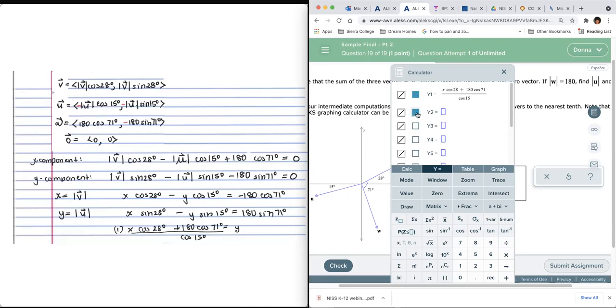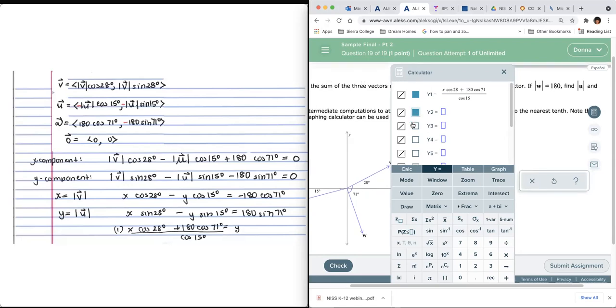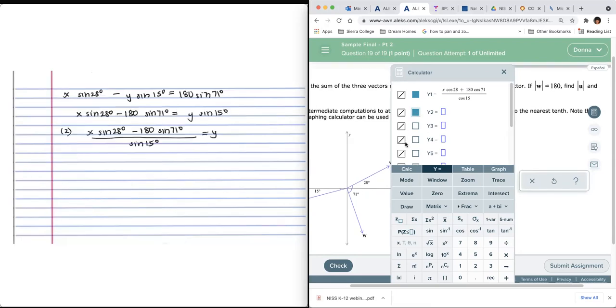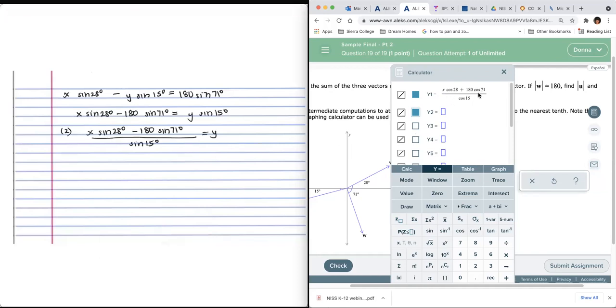Now let's go to the second equation. It's going to look very much like the first one, except instead of cosines, I'm going to have sines. So I'm going to copy and paste it, and then I'm just going to change that cosine to sine.